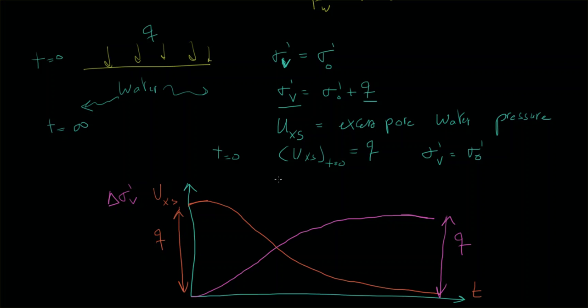So I could say that my total pore water pressure is equal to excess pore water pressure plus the steady state, u_ss. What is the steady state? It is what we used before, gamma water times z water, so the height of water at my point of interest times the gamma water, which is 9.8.